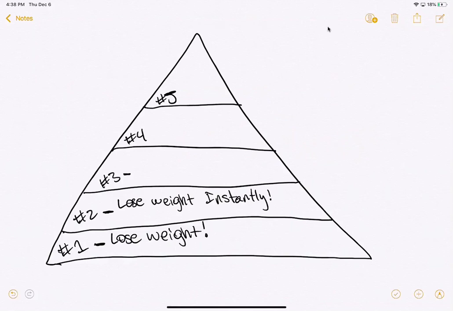So number 3 for weight loss would be lose weight instantly with our new vinegar drink, or something like that. Something that is a mechanism. So if you were selling some kind of weight loss drink is what I'm basically going after. It's lose weight instantly, with our new vinegar drink.